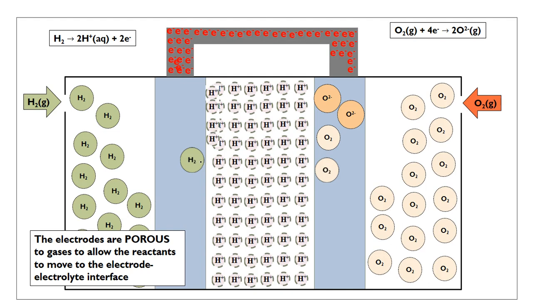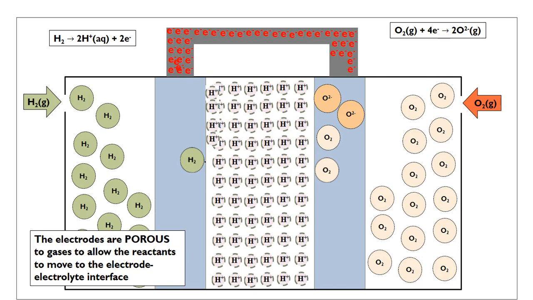So you can see here that the hydrogen gas and oxygen gas actually just stay at the electrolyte interface, and they can't actually go through the electrolyte and mix with each other, because that would defeat the purpose of a battery, and you would just have energy being released as heat.